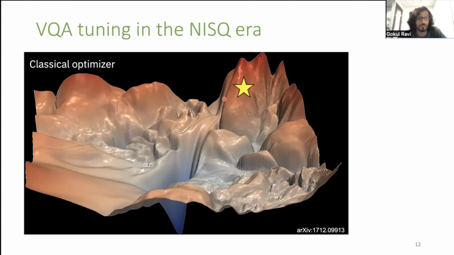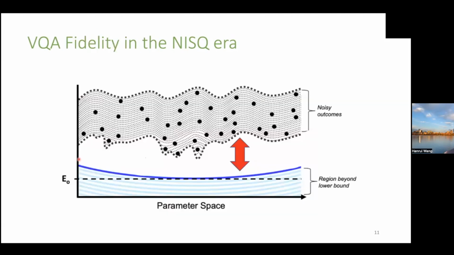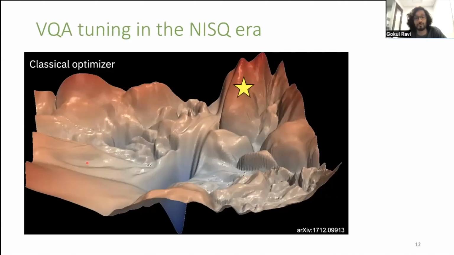But it's even worse when you have noise, because noise can create its own local minima. It can also create these barren plateaus over which it is tougher to optimize gradients and so on. So in general, noise prevents you from reaching the accurate value. It also impedes the tuning process itself.